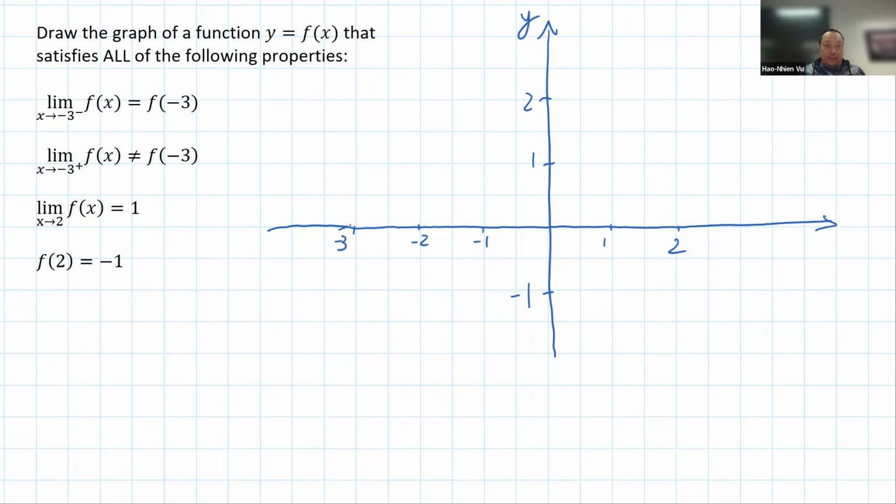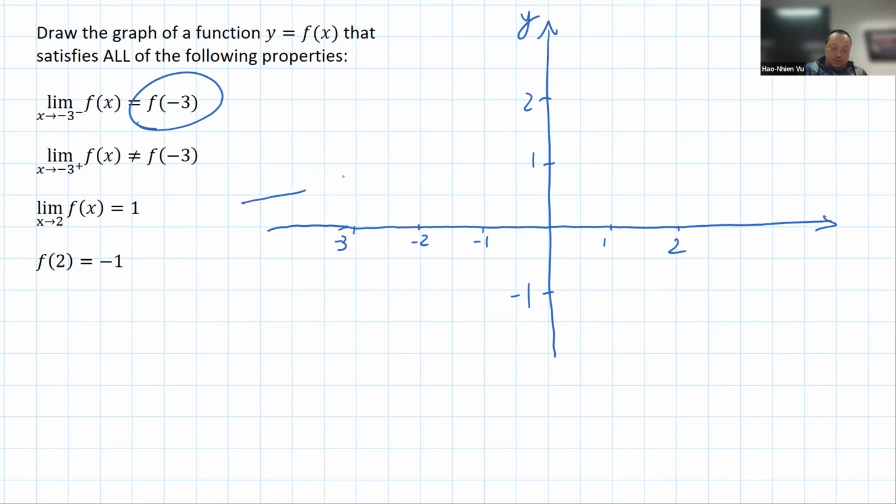At -3, the limit as x approaches from the left has to exist. It has to come to a limit, and it has to be equal to some value. In other words, it has to exist and it has to be finite. So for example, it cannot go up to a vertical asymptote that way or a vertical asymptote this way, because there's no way it can be equal to a value of f.